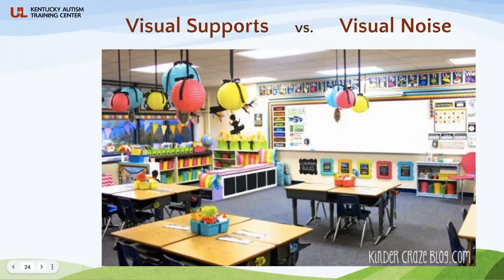I mean, you can see there's definitely visual supports in the sense of organization, some boundaries, some cue cards. I don't see a schedule, but maybe, we can't see the whole classroom. There's a lot going on. It may be really cool to have those big bubbles on the ceiling, and it looks pretty, and those flags on the windows.